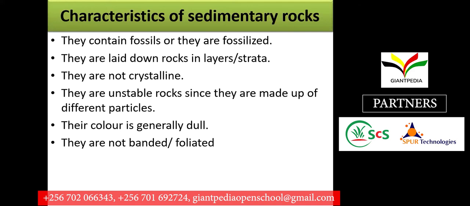Then they are unstable rocks, since they are made up of different particles. Unstable means that they can easily be changed to another form of rock. Their color is generally dull, and they are not banded or foliated. These are some of the characteristics.